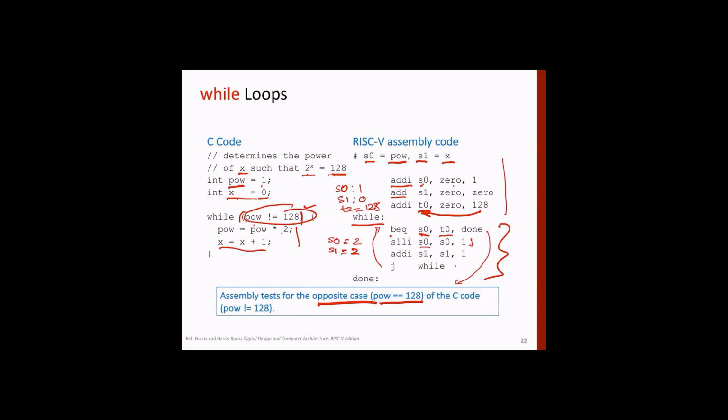See, branch equal to or not equal to, what are you doing? You are just checking a certain condition and then jumping to some location, right? And while you have to create a loop. So you mean to say that instead of plain J, an unconditional jump, you can substitute it with something else. Yes, sir. Think about it.